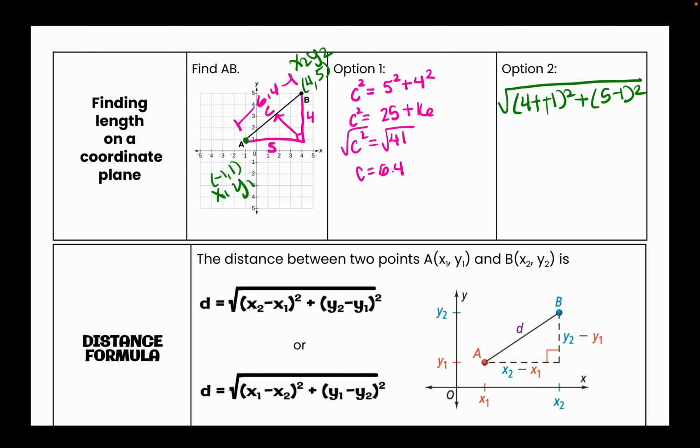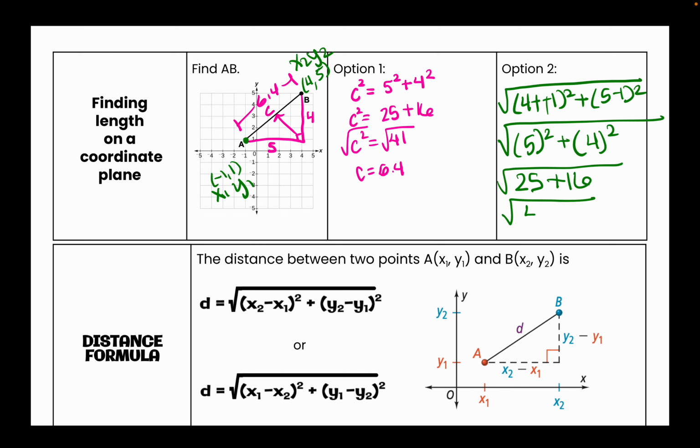So 2 negatives make a positive. So we actually have 5 squared plus 4 squared. 5 squared is 25. 4 squared is 16. Add them together. We get the square root of 41, which we know from the last problem is 6.4.